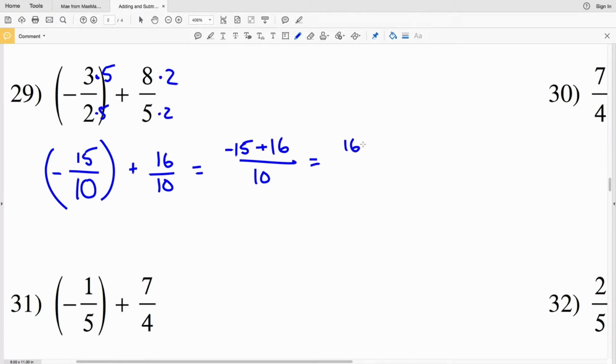So this is going to be 16 plus a negative 15 over 10. And we know that that's the same thing as 16 minus 15, because when you add a negative, you subtract the positive. So 16 minus 15 over 10 will leave us with 1/10.